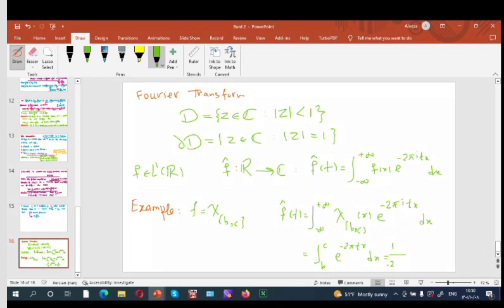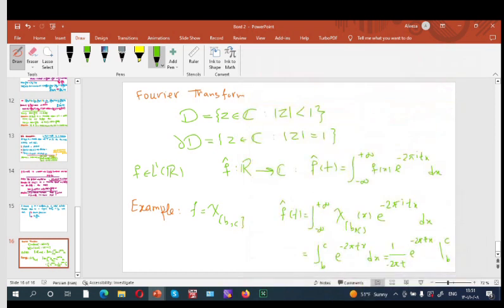Okay, and this is equal to this integral, and this is equal to this, minus 2 pi i t x between b and c, because the derivation of this is equal to this.